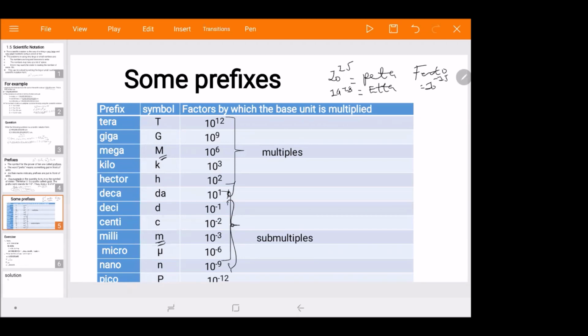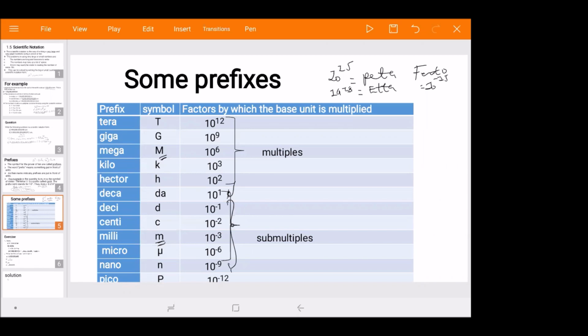Capital M represents the symbol of mega, a very big number, and small m represents a very small number, 10 to the power of -3, or 1 over 1000. So the difference between a small letter and a capital letter may make a difference. Therefore, you must know the difference between them.